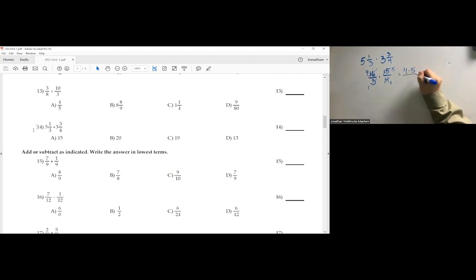That means this is 4 times 5 over 1 times 1, which is 20 over 1, which is just 20.